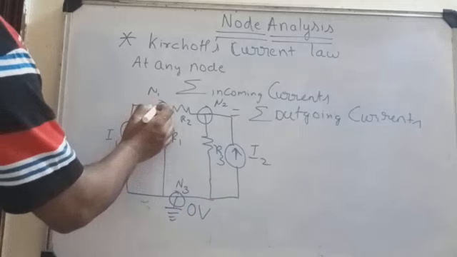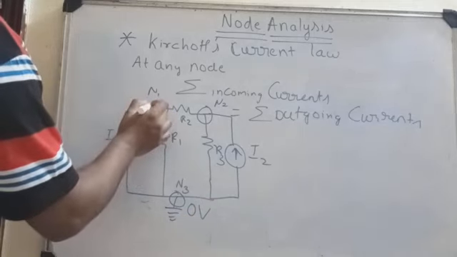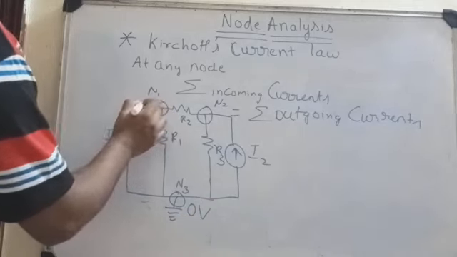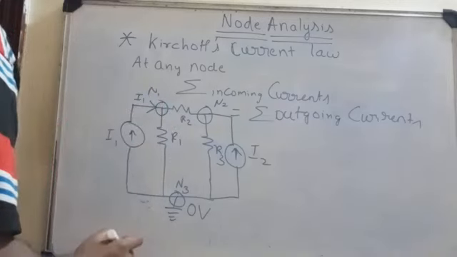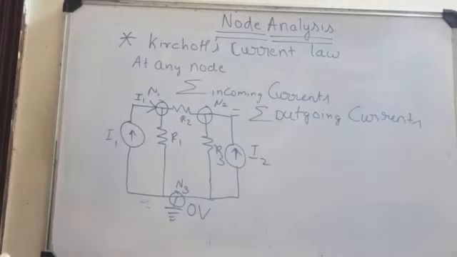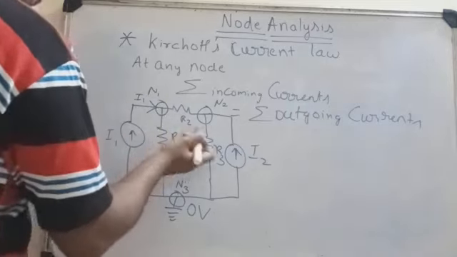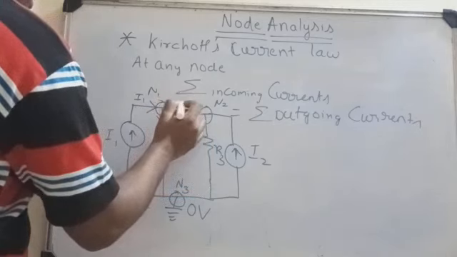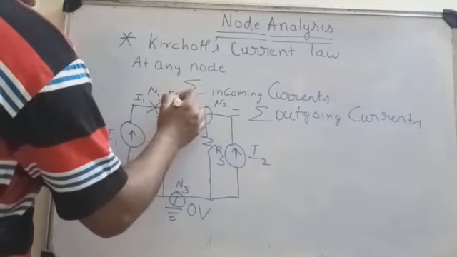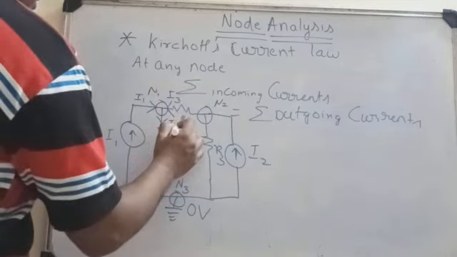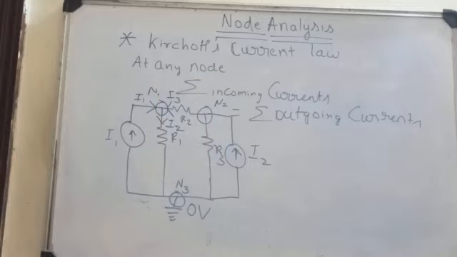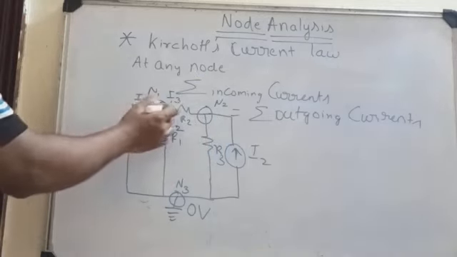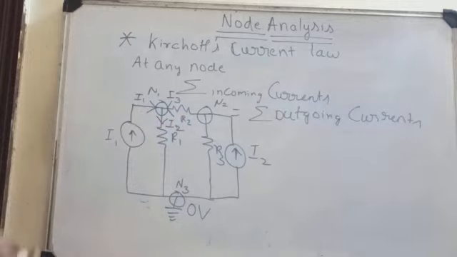Now at each node I should write the incoming and outgoing currents. So this is I1. So one incoming current is there. So I'll take one more incoming current as I3, and this as I2. So two incoming currents, one outgoing current.